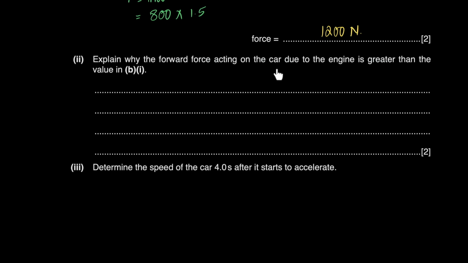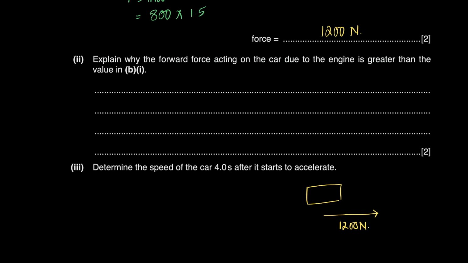Explain why the forward force acting on the car due to the engine is greater than the value in B1. So the question's essentially asking that this is the car, and the resultant, the total force acting on the car, is 1200. How do we know that?